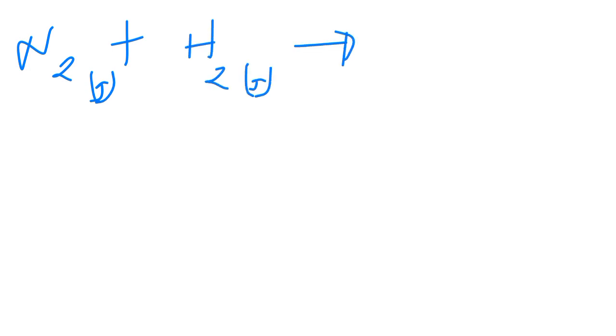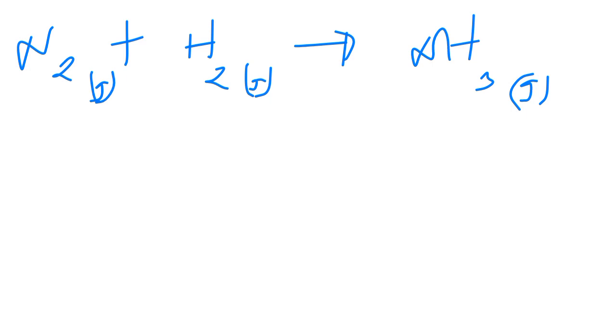So first of all, we must know that nitrogen gas reacts with hydrogen gas to release the product, ammonia, and this one is a gas. From this part we're going to balance it. We look at the moles, how it's balanced between product and reactant.